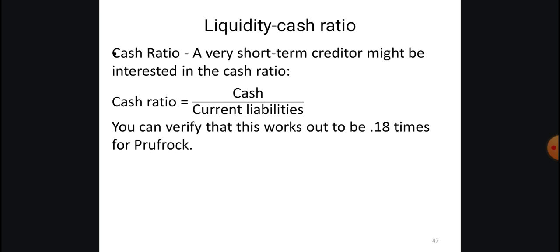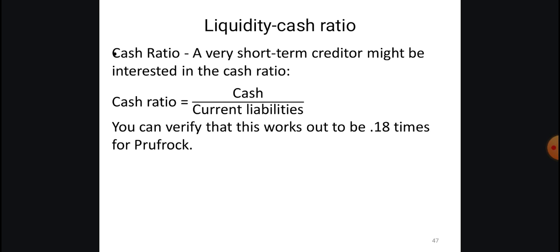The third measure of liquidity is the cash ratio. This compares the most liquid asset, cash, to the current liabilities, and a very short-term creditor may be interested in this type of ratio.